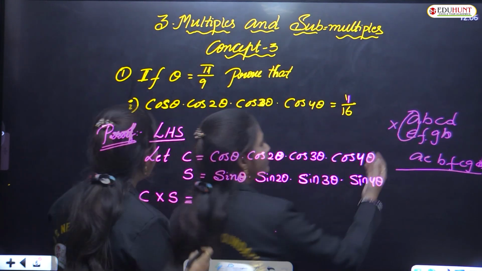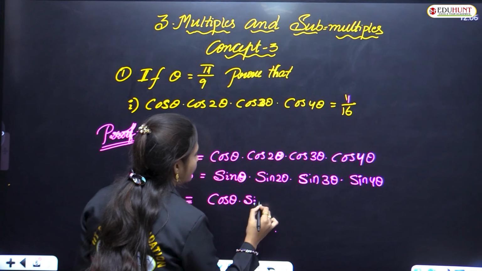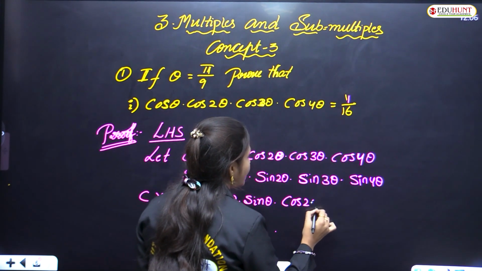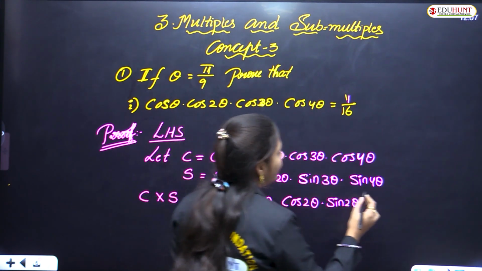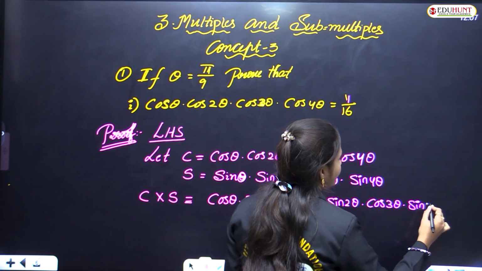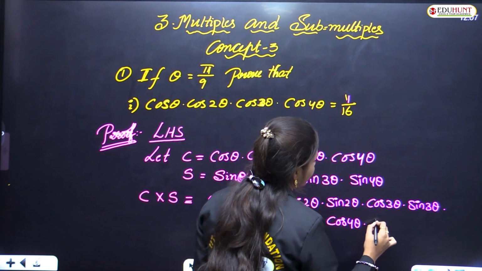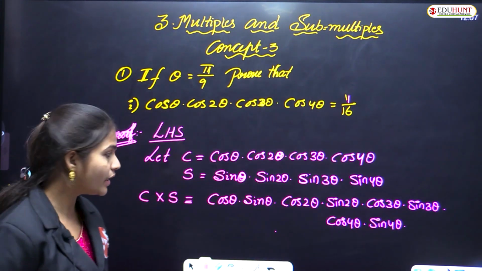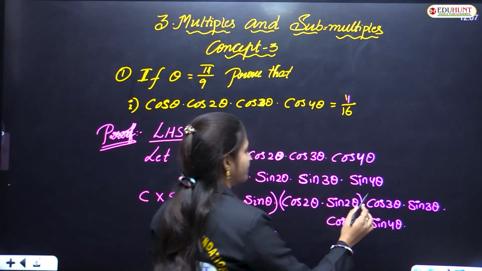In the same way, cos theta into sin theta, cos 2 theta into sin 2 theta, cos 3 theta into sin 3 theta, and cos 4 theta into sin 4 theta. I have taken their product. Now I want to take the two functions together.